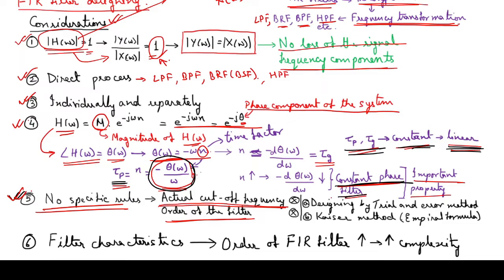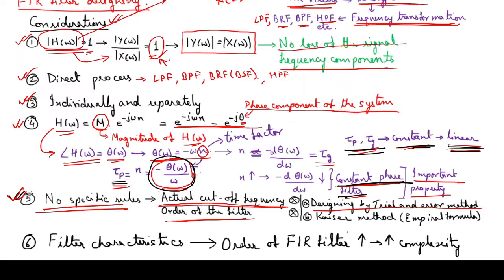So actual cutoff frequency, as I told you, is more of a trial and error method to design a filter with actual cutoff frequencies, and hence the designing of FIR filters is by trial and error.